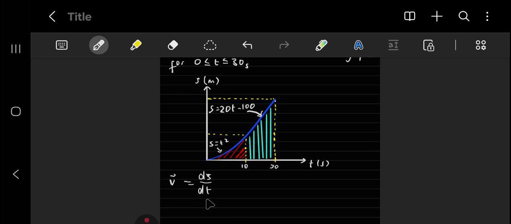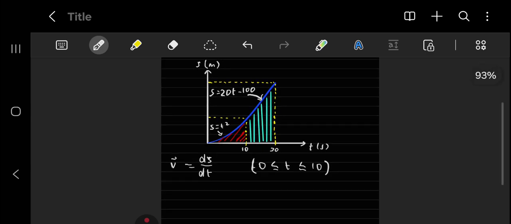Looking at this equation, how can I get my velocity from a position-time graph? For the first part, which is from 0 ≤ t ≤ 10, this is a bracket there, and also here, it's not a 1, it's a bracket. So for this region, let us see what our velocity is going to be.